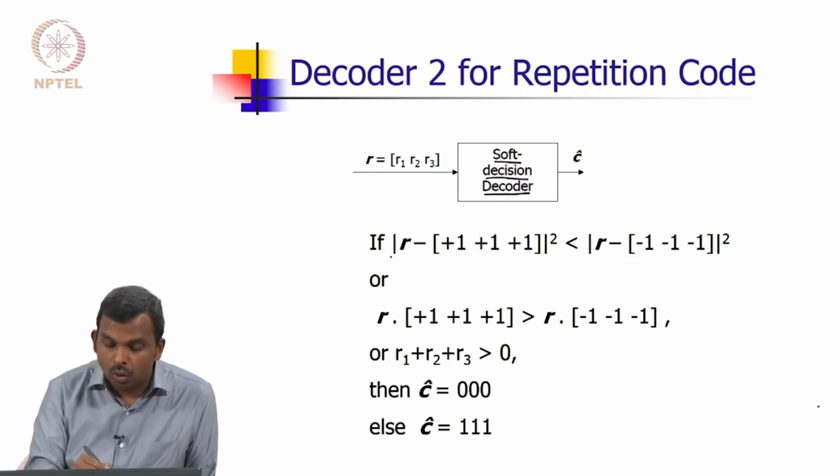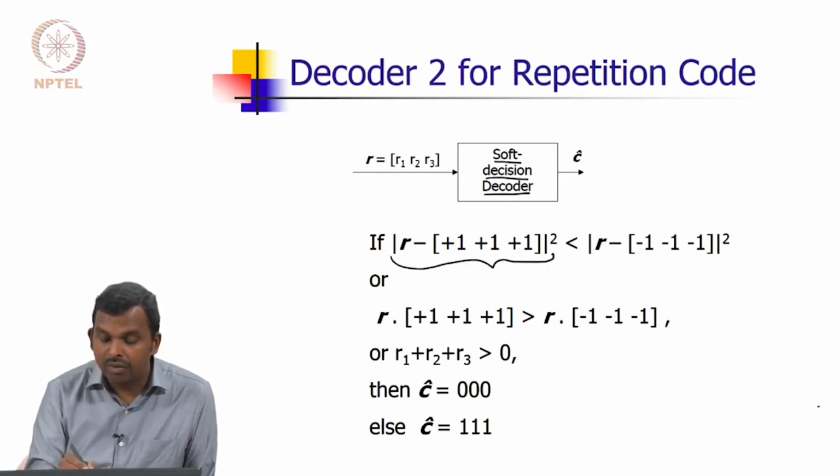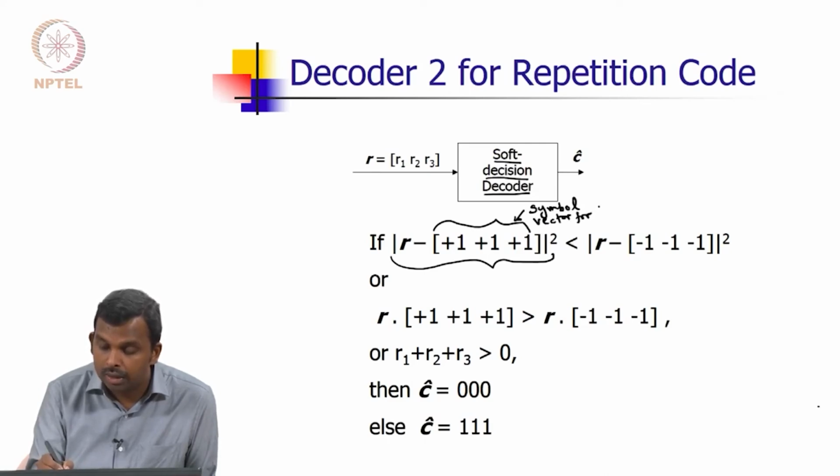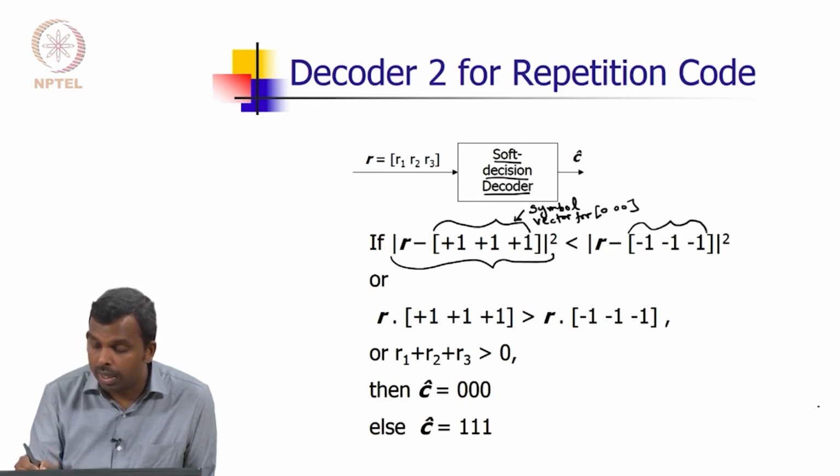Okay. So, you look at the distance between the received vector and +1 +1 +1. Remember the +1 +1 +1 is the symbol vector for the code word 0 0 0. Likewise this -1 -1 -1 is the symbol vector for the code word 1 1 1.